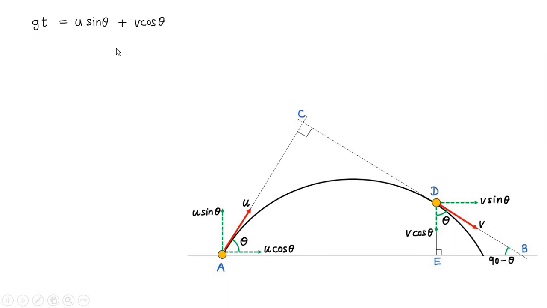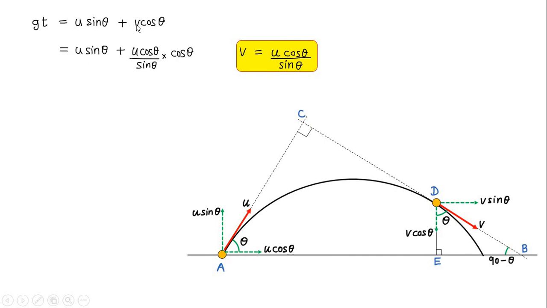So on the previous page we obtained the equation gt is equal to u sin theta plus v cos theta, and we already know the value of v, which is u cos theta by sin theta. We calculated it on the previous page. Substitute this value here and we get u sin theta plus, in place of v, u cos theta by sin theta into cos theta.